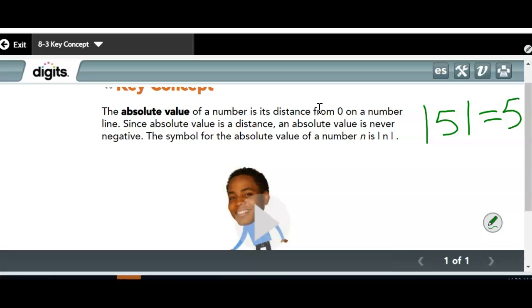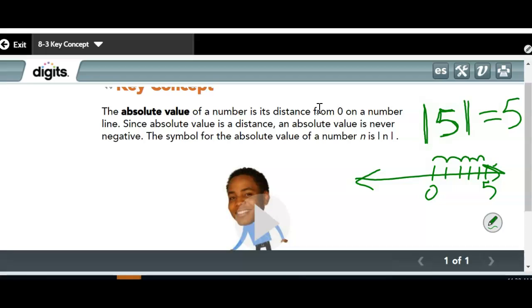How you read this is the absolute value of 5 equals 5. Why is the answer 5? Chris. Good, there's no negative. If you look at a number line, here's 0, 1, 2, 3, 4, 5. We are 1, 2, 3, 4, 5 units away from 0. It's a distance.